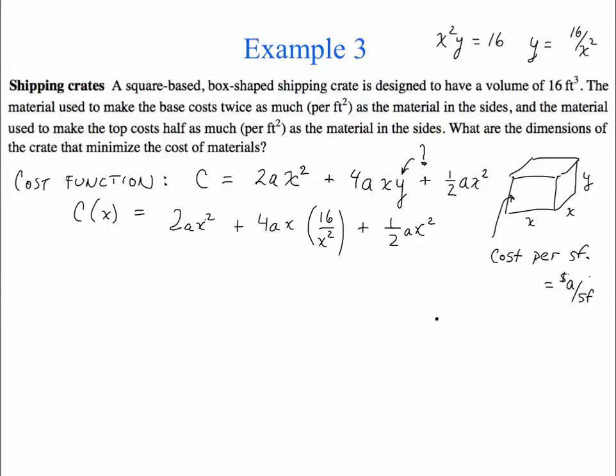Applicable domain. We need the domain, right? So we need what are all possible x values. So what's the smallest x can be? It's not really realistic, but 0. And how large could x be?